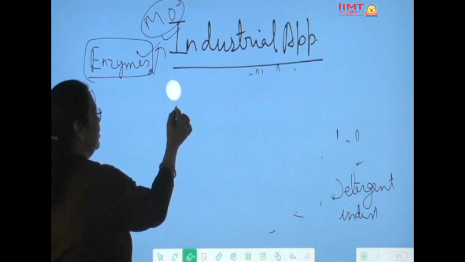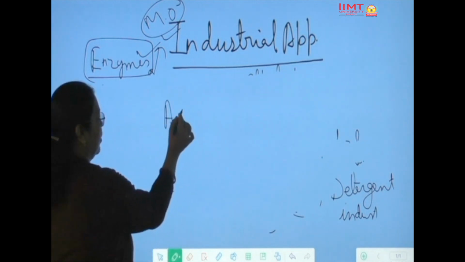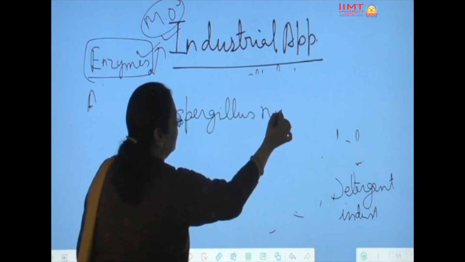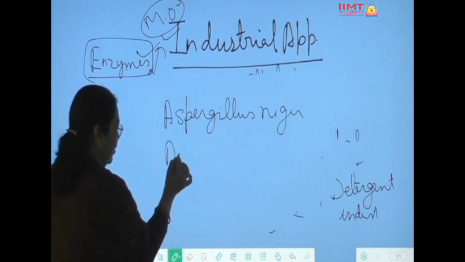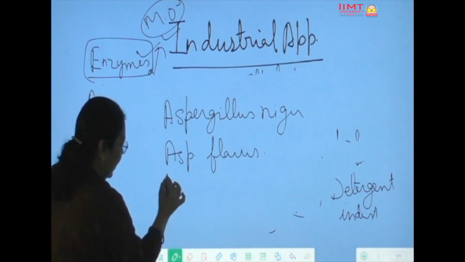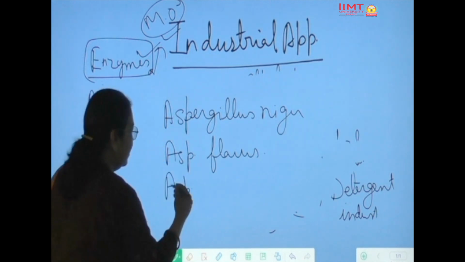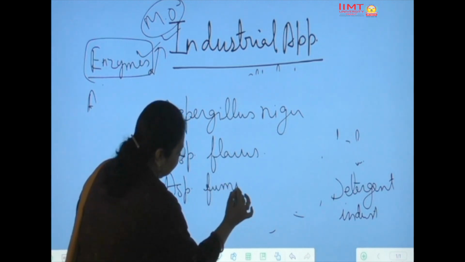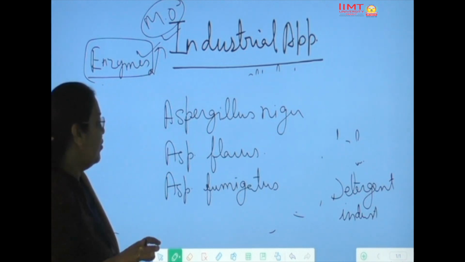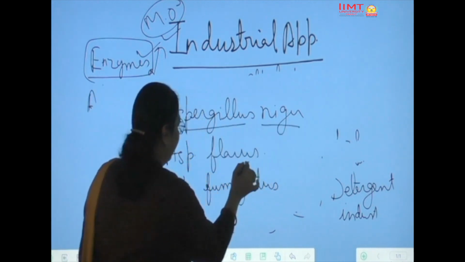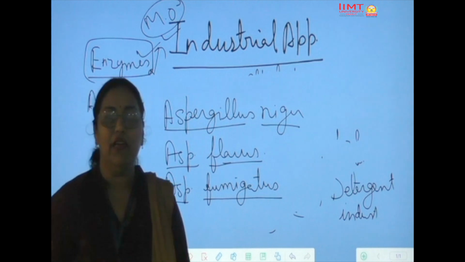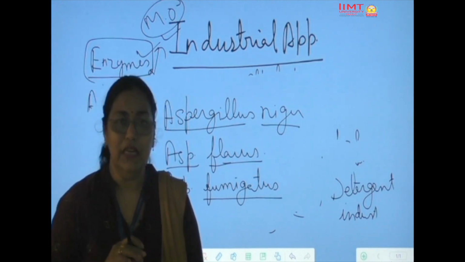For example, Aspergillus niger, Aspergillus flavus, other species of Aspergillus like Aspergillus fumigatus, and various other bacteria and fungi are reported to produce extracellular enzymes. So they are important in the industrial aspect.